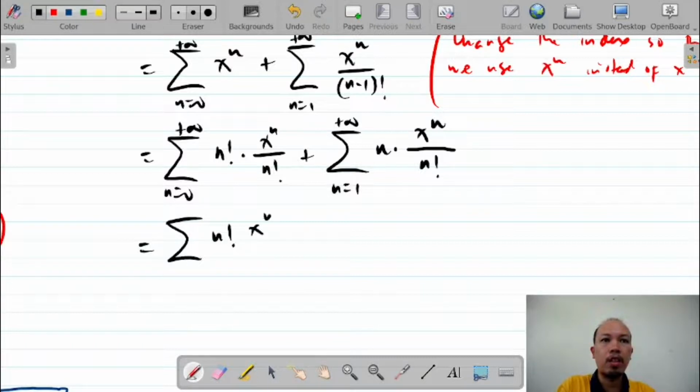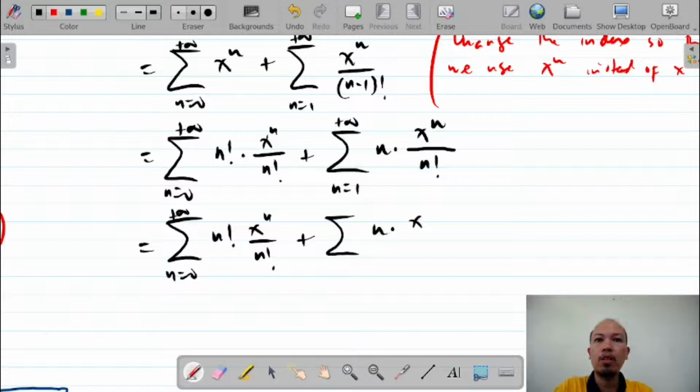Times x to the n over n factorial, n starts from 0 to positive infinity, and we know that this is just equal to, so there are so many tricks here, they are just the same.